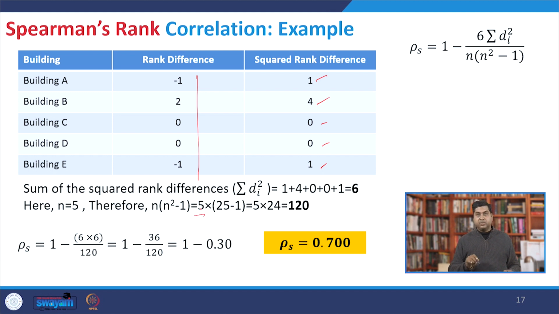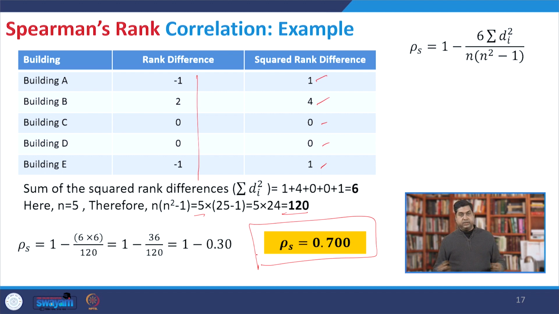So 5 is nothing but the number of observation, in this case it is 5 buildings are there, so 120. And we finally derive the relationship or this particular coefficient, Spearman rank order correlation coefficient as 0.7, fine.